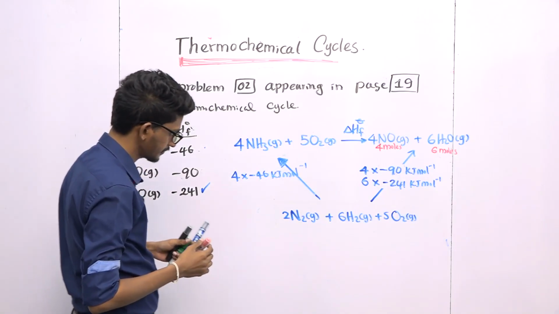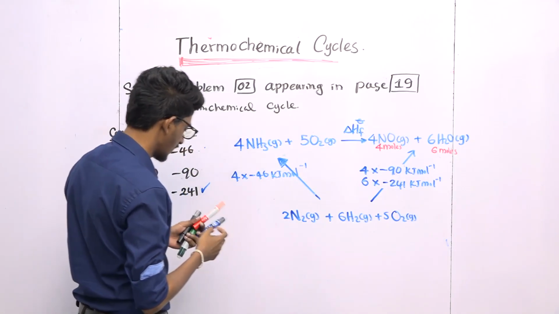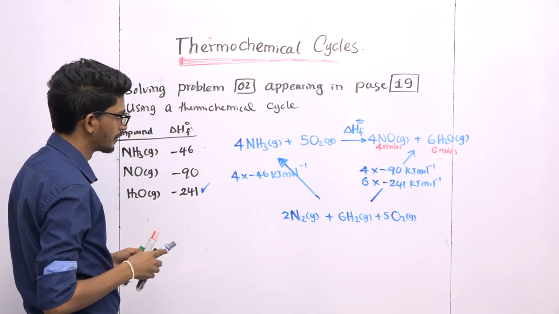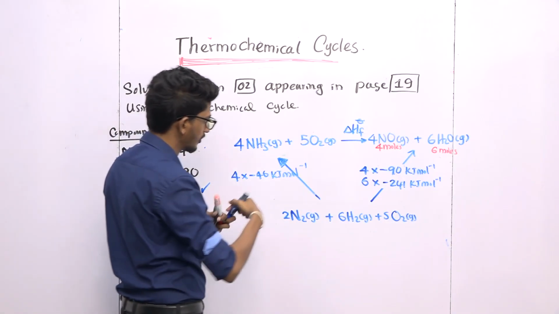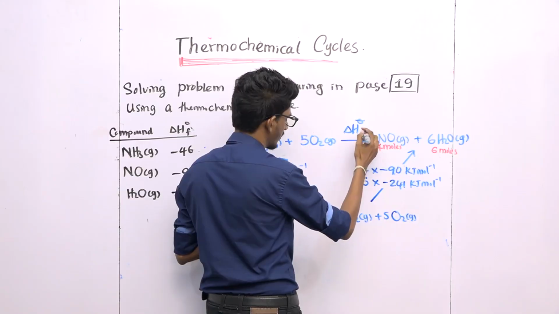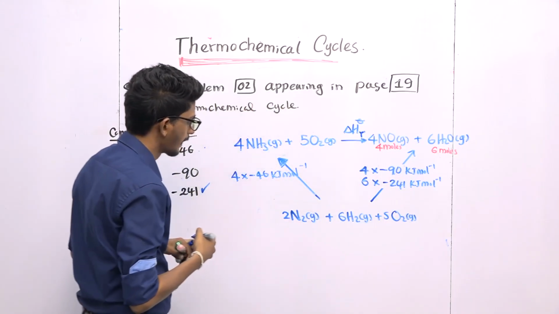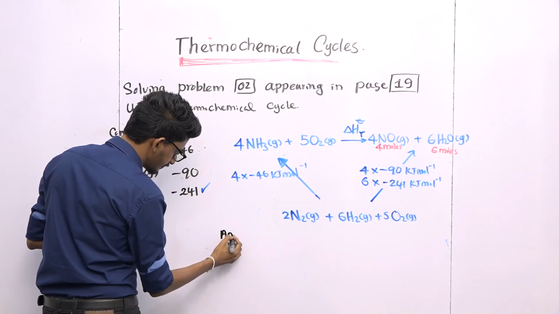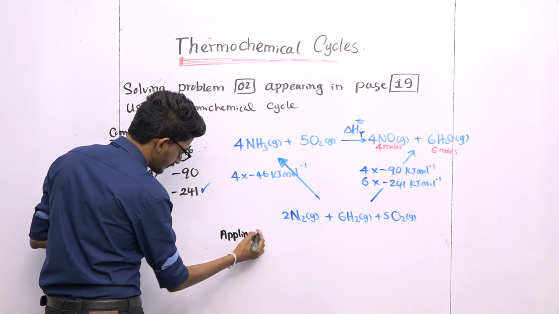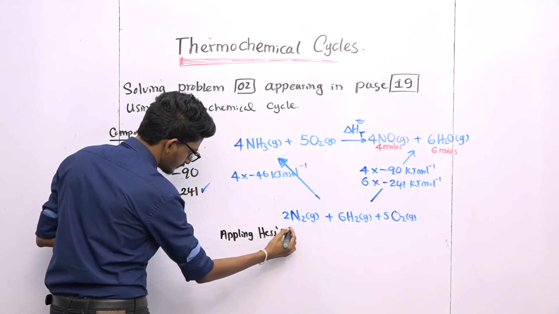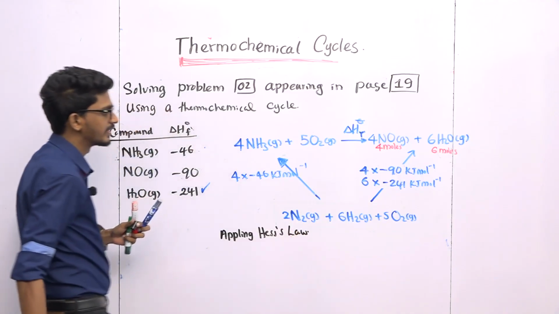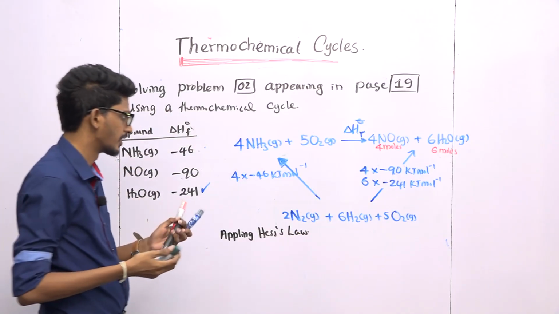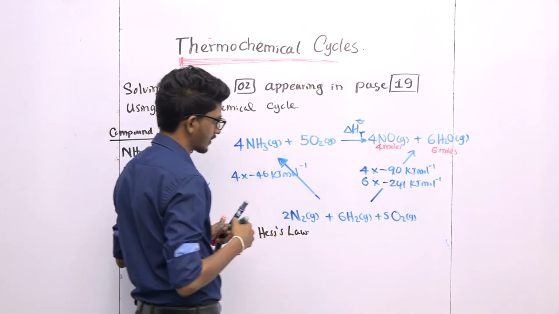Okay, that is done. Now we can apply Hess's law to come up with delta H naught R. This is not F now, this is just R. To apply Hess's law, first you need to identify the initial and final states of the system.